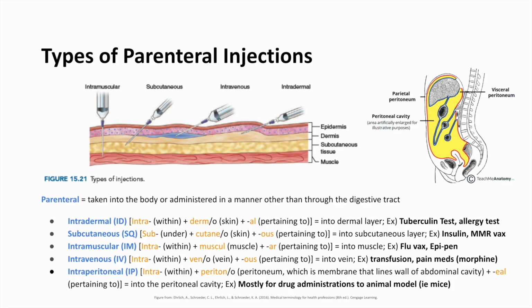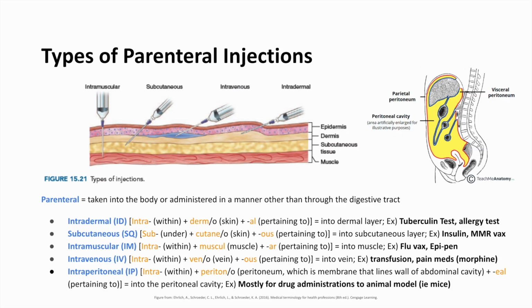Intravenous is an injection that goes into the vein, veno, a combining form that means vein. Some intravenous injections, or actually not injections, but more like a transfusion, where you want to keep the blood circulating and remove the waste.